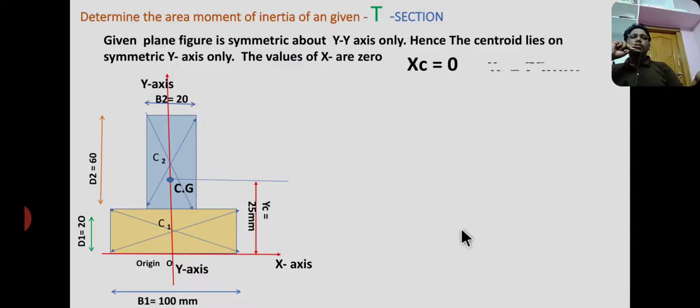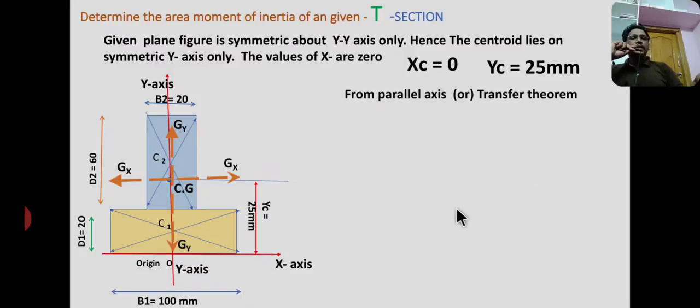Now in this slide I am going to explain the area moment of inertia about the reference axis from the parallel axis theorem, that is x and y axis.